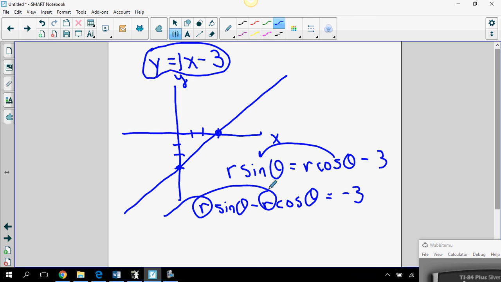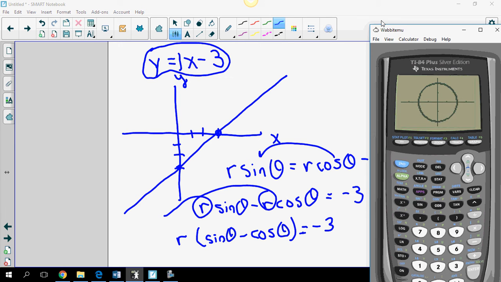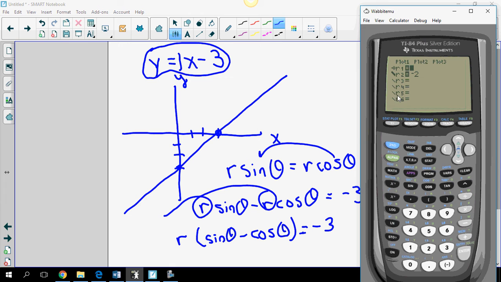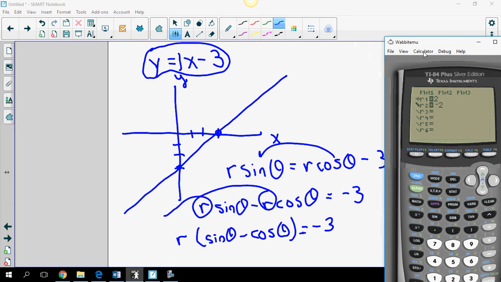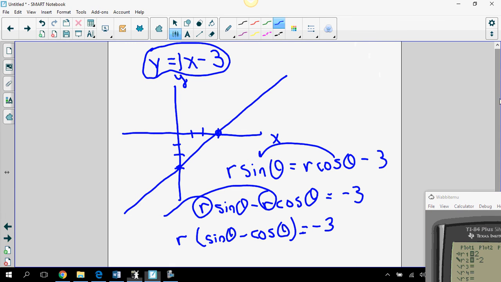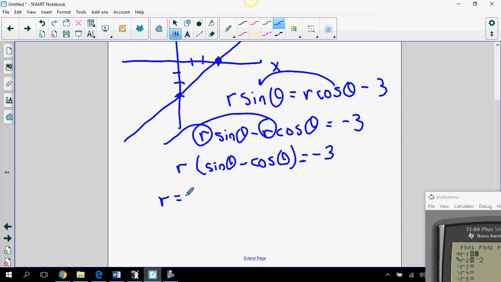Factor out an r, you get r(sin θ − cos θ) = −3. Now, you see, we want r by itself, just like when you have y's, you want y by itself. So r = −3 over (sin θ − cos θ).